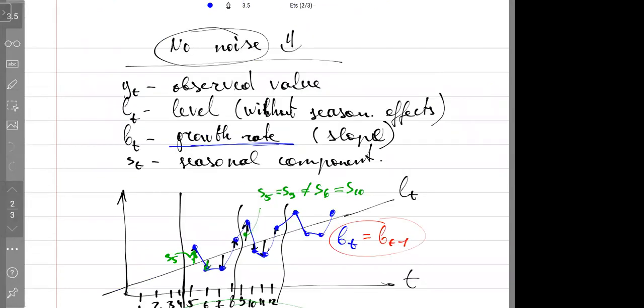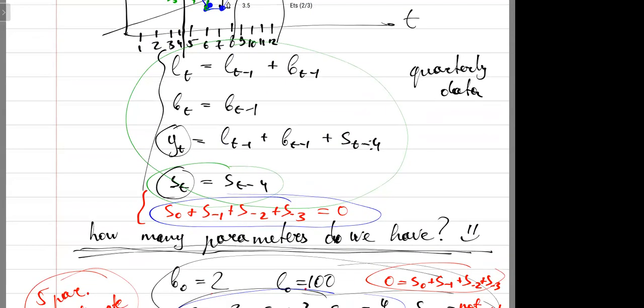To have an interpretable model, we have a hidden equation that the initial sum of seasonal effects is 0. We have 4 seasons in our case. We speak about quarters. If you have monthly data, the sum of 12 monthly effects is 0. Okay. Yeah, now it's clear.